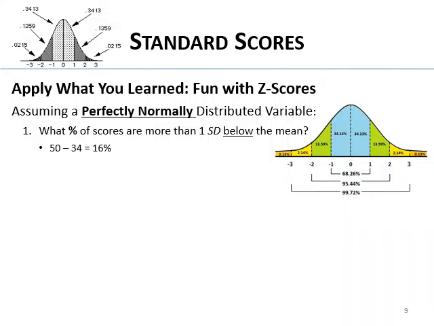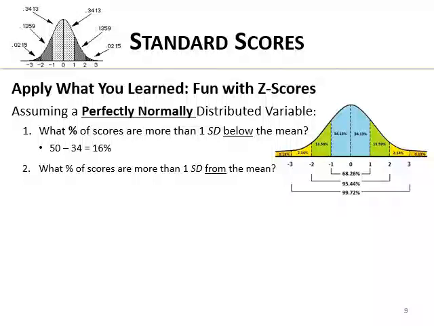So one way to get that is, well, we know that the mean is 0 and 50% of scores are below that. We know that about 34% are between 0 and -1. So 50 minus 34 gives you 16% of scores are in that orange, yellow, and green area.